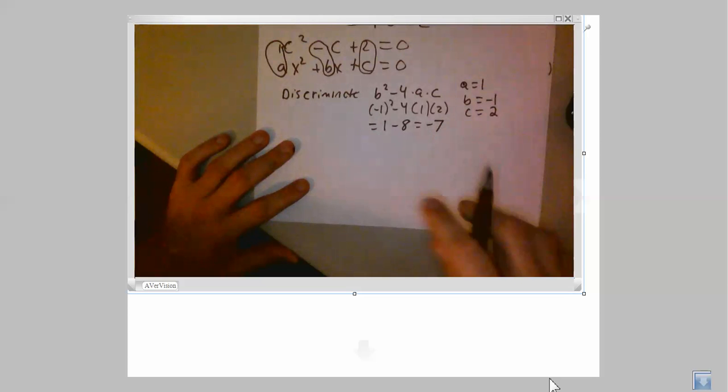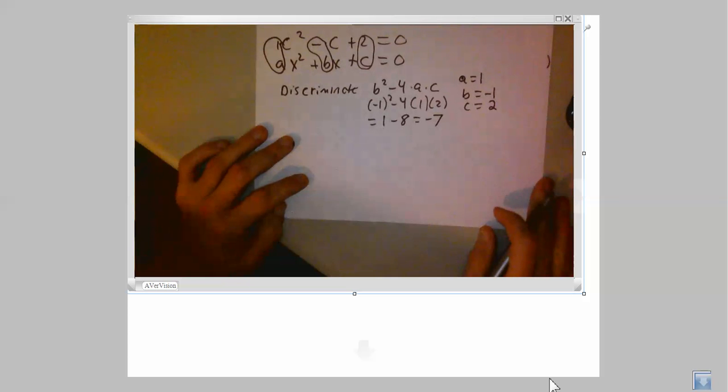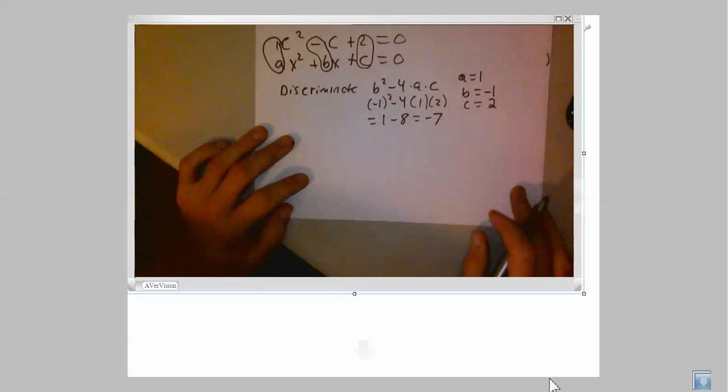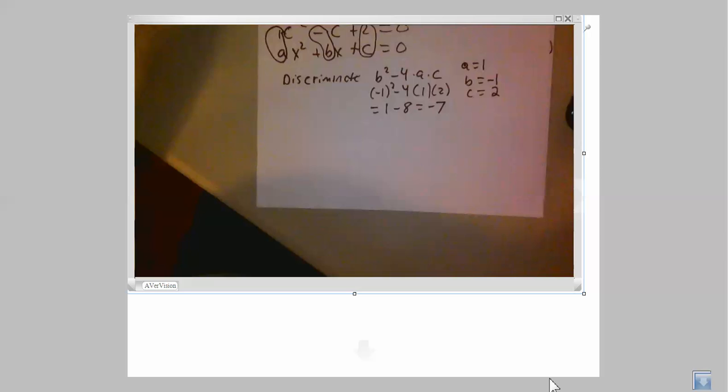Okay? So normally we couldn't solve this problem, but if we allow for imaginary solutions, you can solve the problem using the stuff from section 1.4, I believe, complex numbers. We're just going to get an imaginary solution for x.